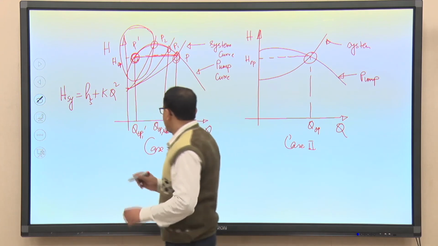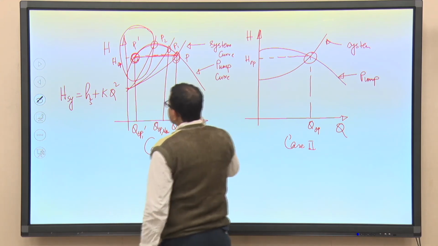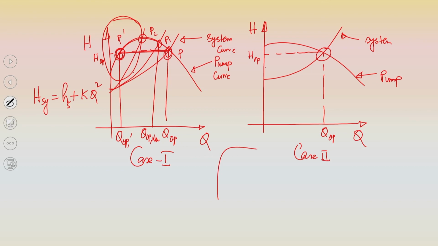If we try to recall, in the suction line, because of the non-uniform velocity distribution, these separation losses are there, and that will be there always.